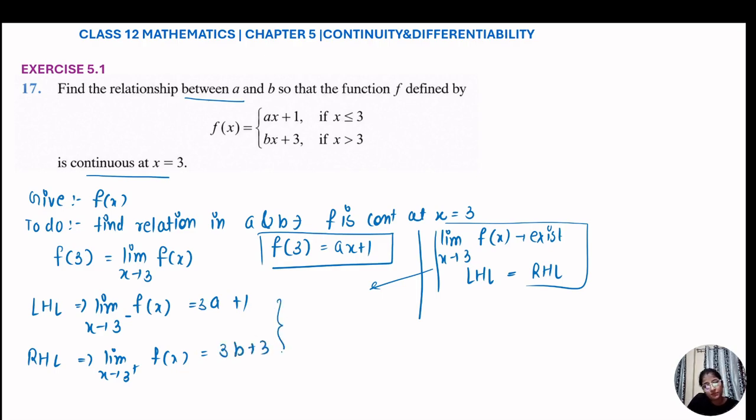For the existence of the limit, the left hand limit and right hand limit must be equal. So 3a plus 1 should be equal to 3b plus 3.